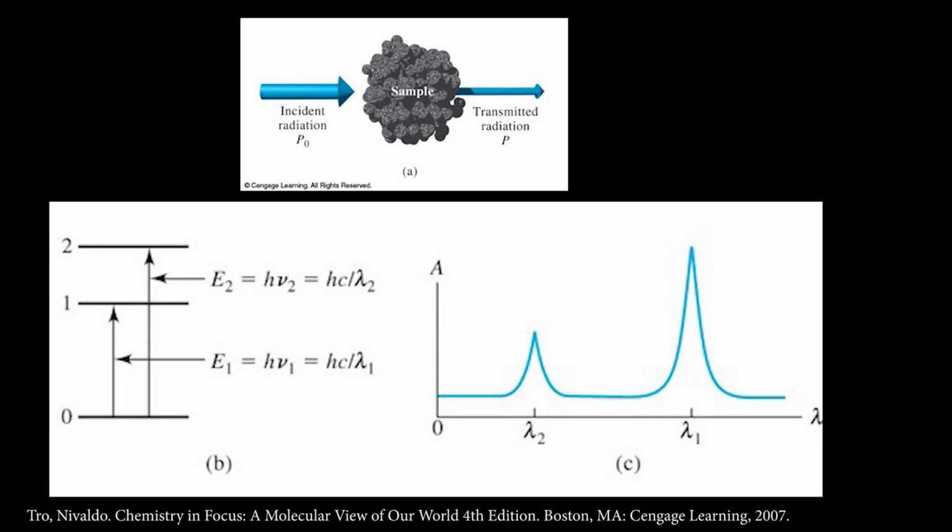That's going to give us the spectrum you see on the bottom right, C, where there's a peak at lambda 2 and a peak at lambda 1, and the y-axis is absorbance, representing how much light gets absorbed. What those peaks should correspond to are specific electronic energy transitions.